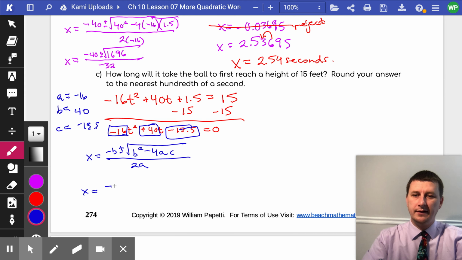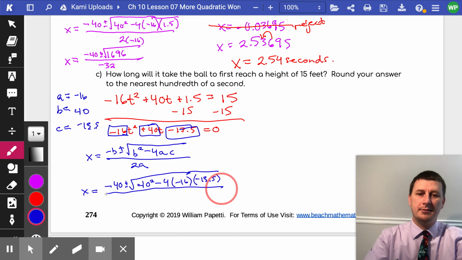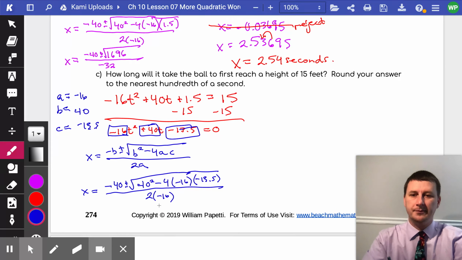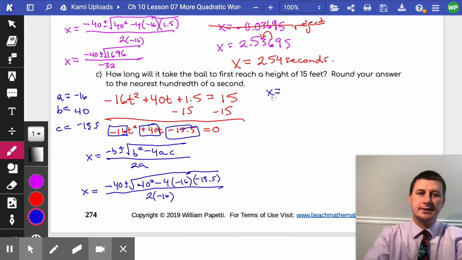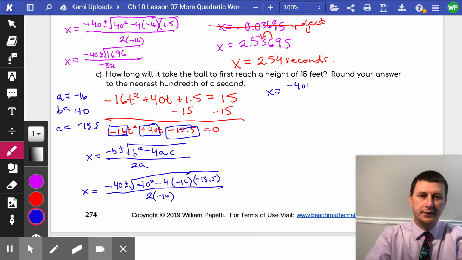So we're going to have negative b, which is negative 40, plus or minus the square root of 40 squared minus 4 times a, which is negative 16, times c, which is now negative 13.5. All right, divided by 2 times a, which is negative 16. Let's simplify this a piece at a time. So I'm going to simplify that square root part first.